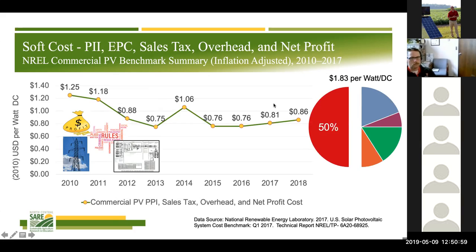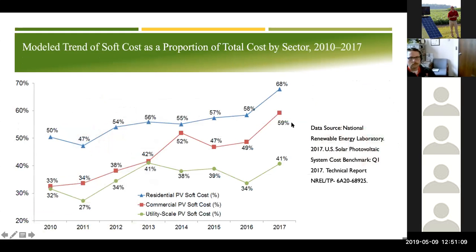And if you can recall, our installation labor in this yellow triangle is 9%. So if we combine those, we're at basically 60%. Let's say 59% of the total installation cost in 2018 for a commercial system. So this red trend line is the portion of the total cost that's accounted for by soft cost for commercial systems, and we're at 59%.